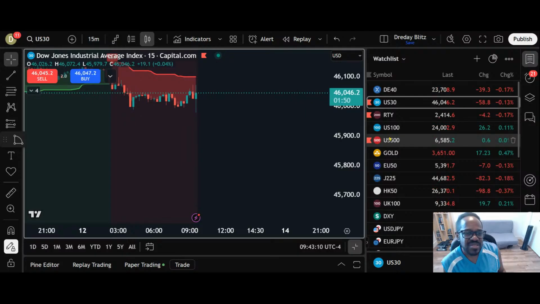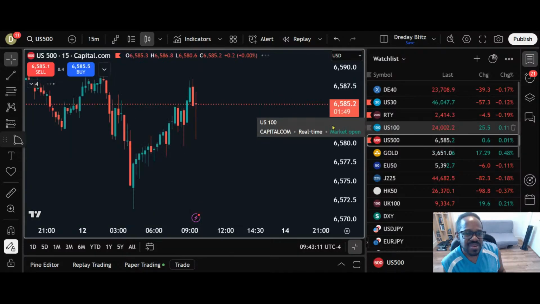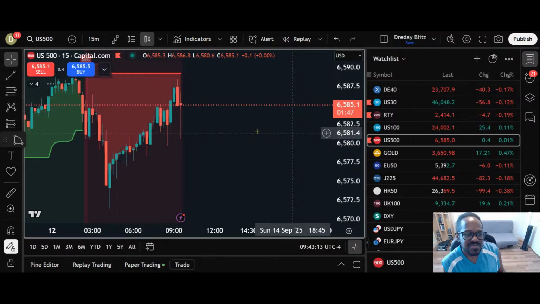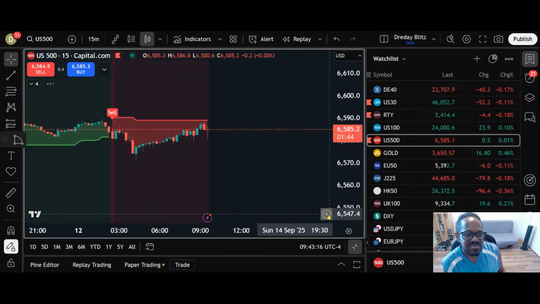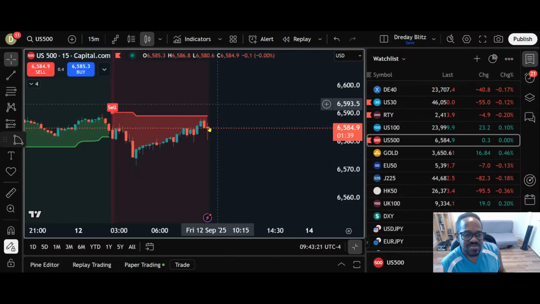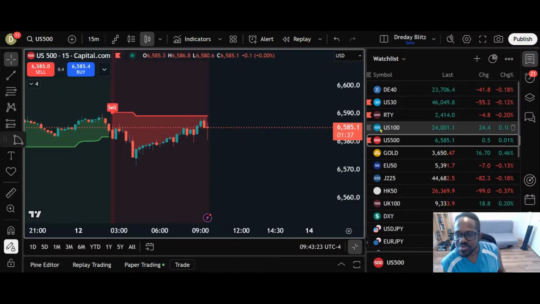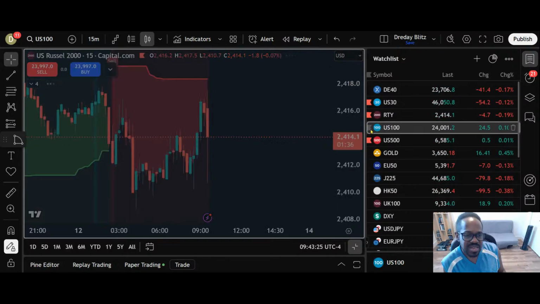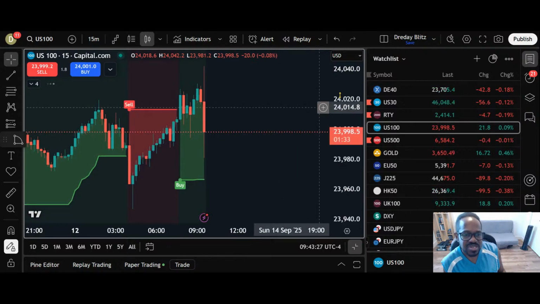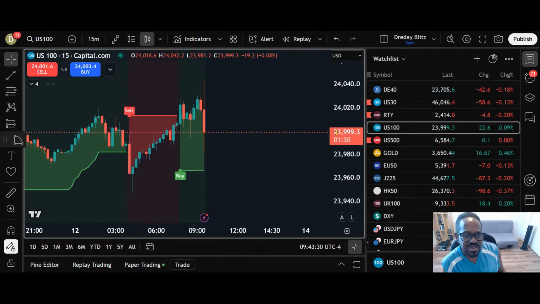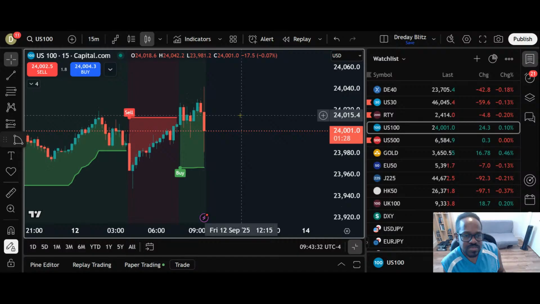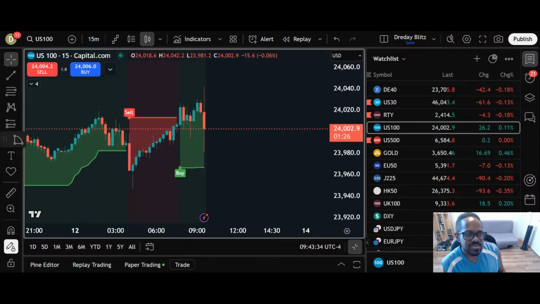And we have S&P 500. Let me see if it starts to reverse, because we do have NASDAQ that is currently bullish here, but it's starting to reverse. So you have to be careful here on that.